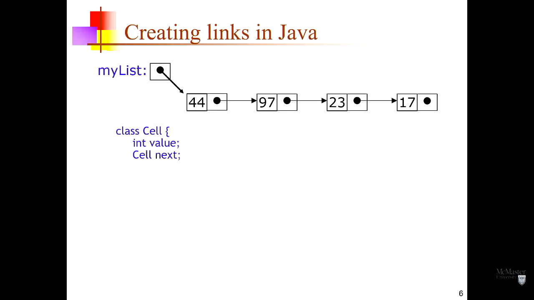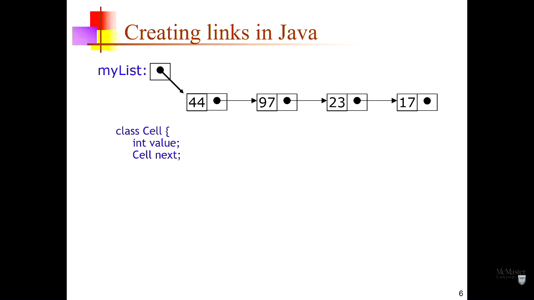Okay. So given this knowledge, how would we create a linked list? Let's say we want to create a linked list that has these values: 44, 97, 23, and 17. So the first thing you do is create a node or a cell, which has a value and a reference to the next one.